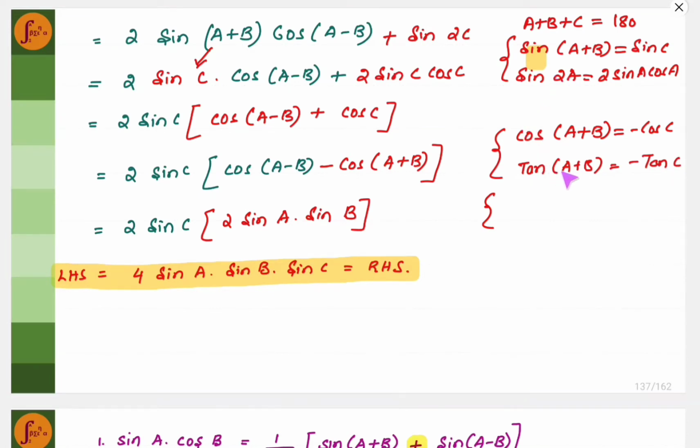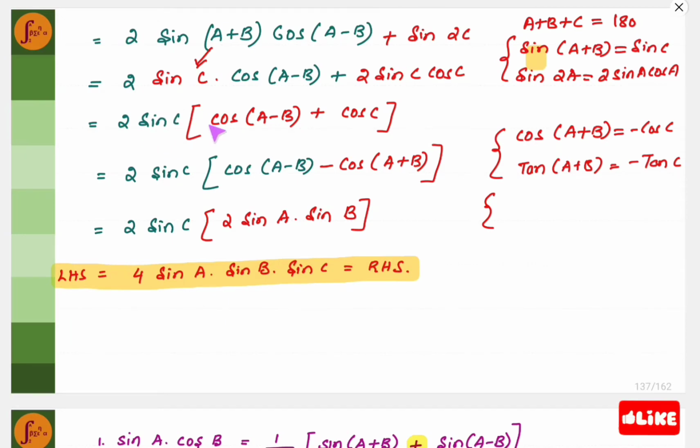So multiple such identities we had gone through in the last video. So in these kind of problems, we'll have to use all of these formulas, right? So sine a plus b can be written as sine c. Why we are writing this is because you have sine c here. That way we can take sine c as a common factor, right?